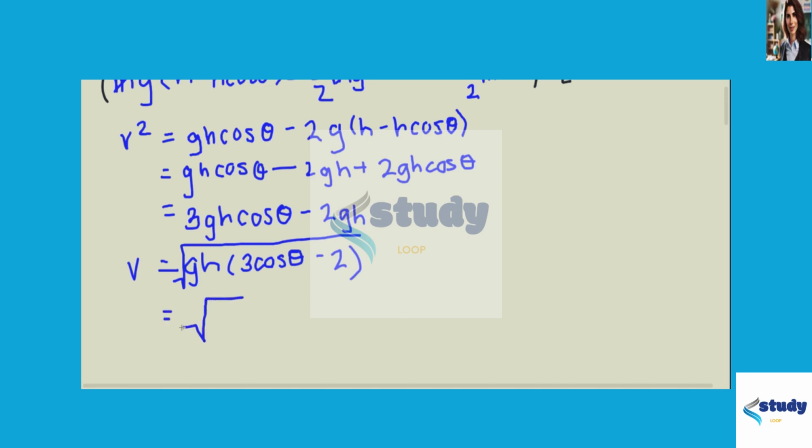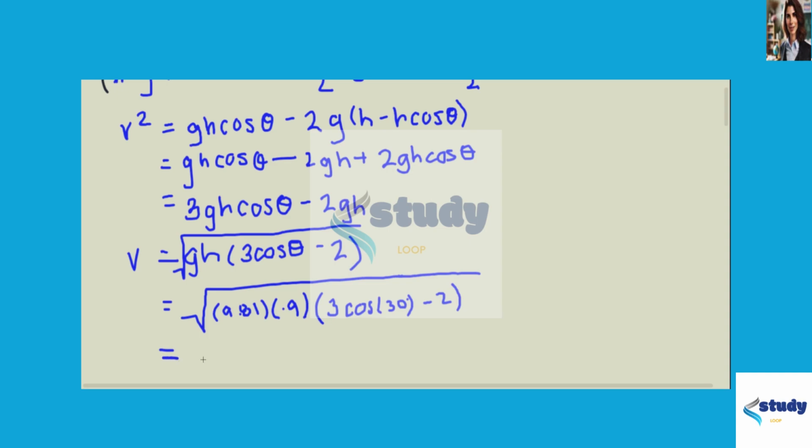So we have g 9.81 times our height times 3 cosine of 30 degrees minus 2. And that is equal to 2.3 meters per second.